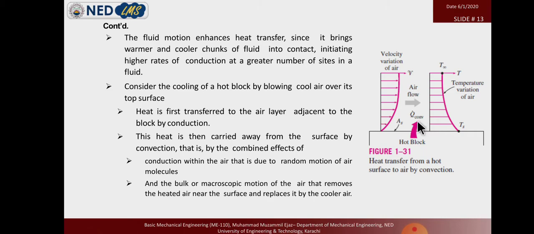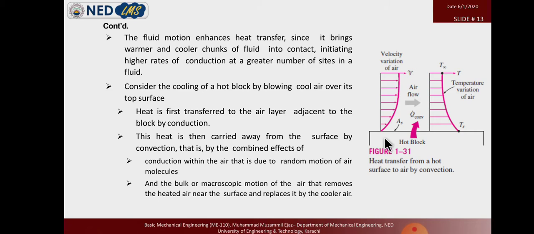As the density becomes lower, the hot air moves above, leaving a vacuum, so some particles must fill this gap, and cooler air comes down. So even if there is no flow of air or any liquid, natural convection flow will start. That is a property of convection as a mode of heat transfer.